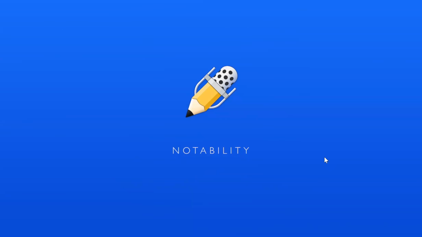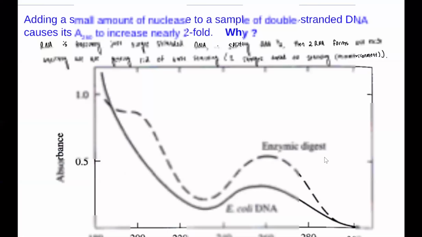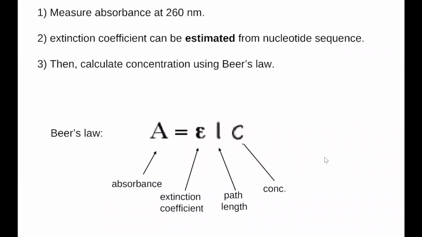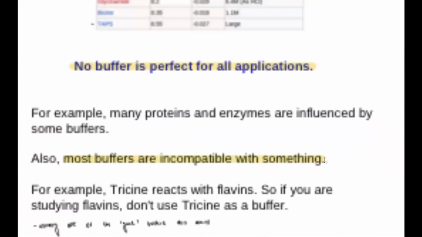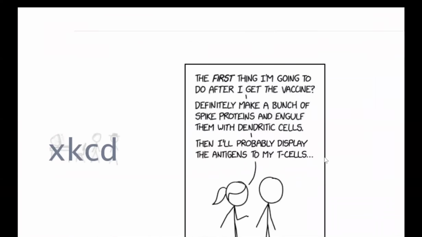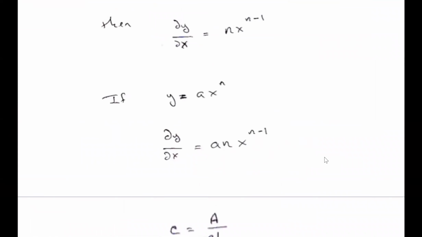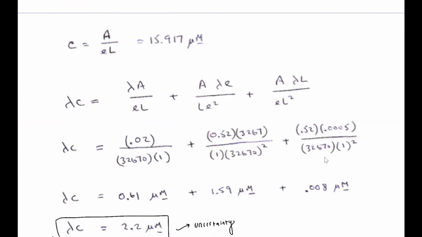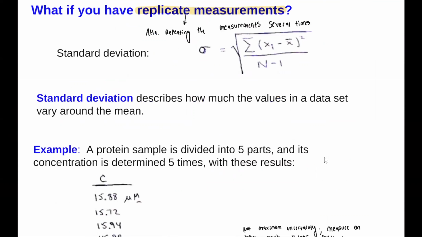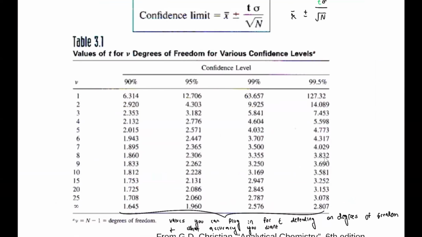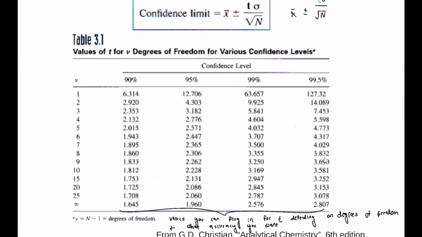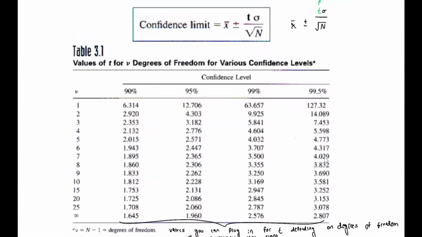Now let me go ahead and find that table real quick. Show you what it is. So essentially, if you're doing a confidence limit, you would look at a table that looks like this, depending on how confident you want to be in your next measurements.